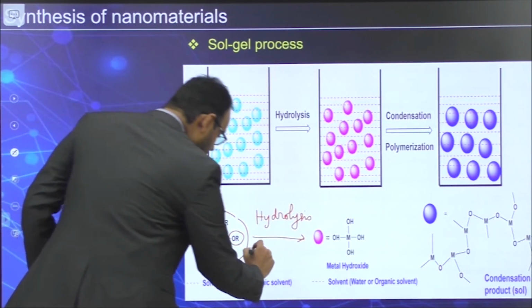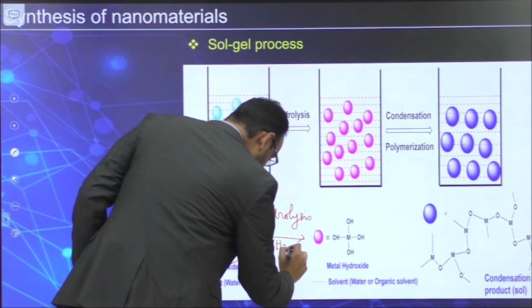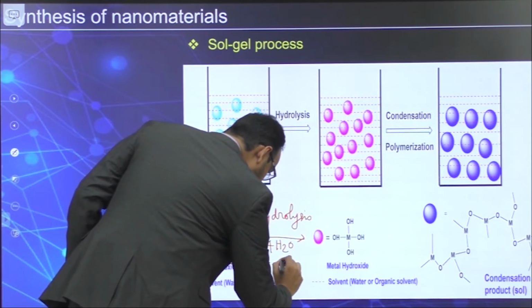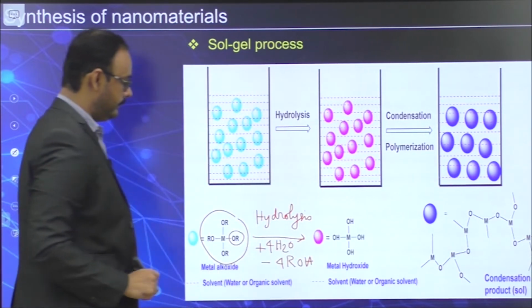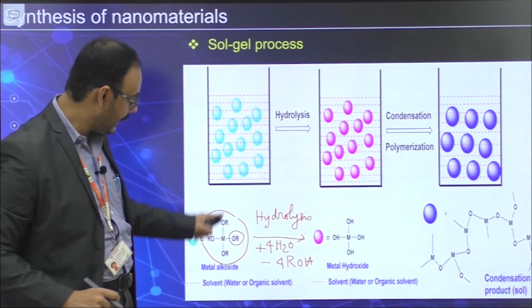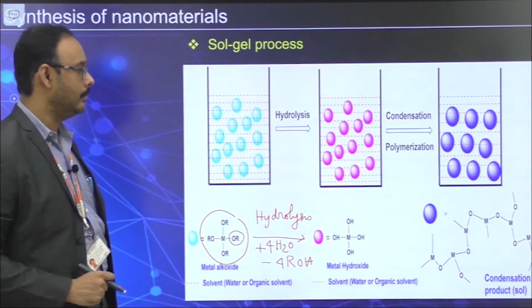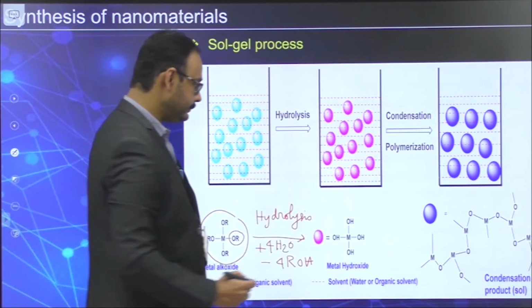Eventually, plus 4 molecules of water is going to react and it will release 4 molecules of ROH. Okay? Plus means you are adding water, minus means you are taking 4 alcohol molecules out.